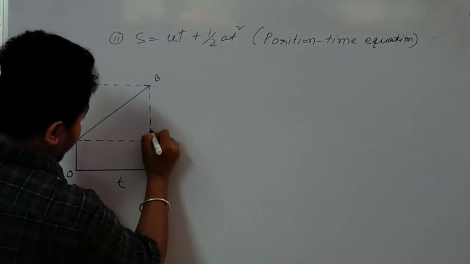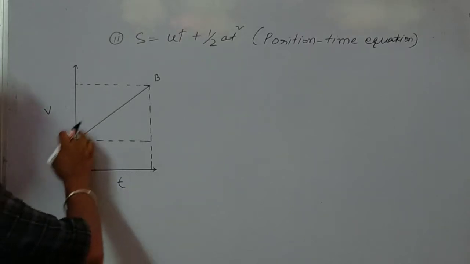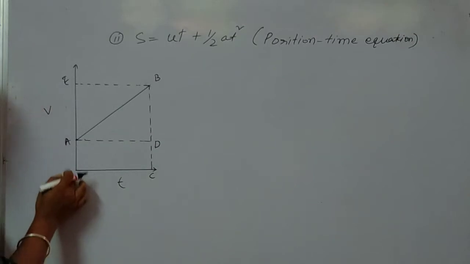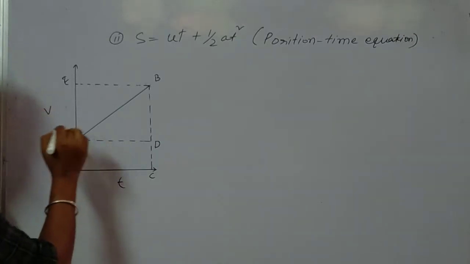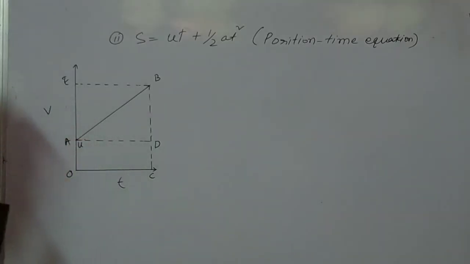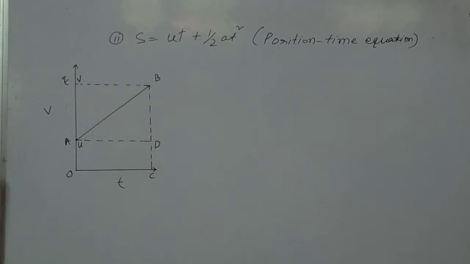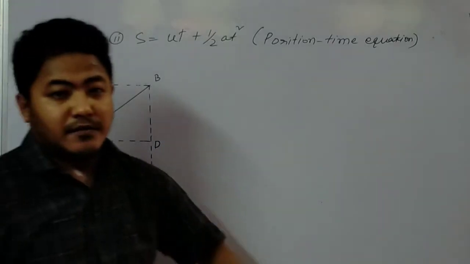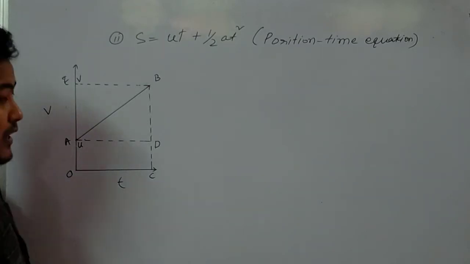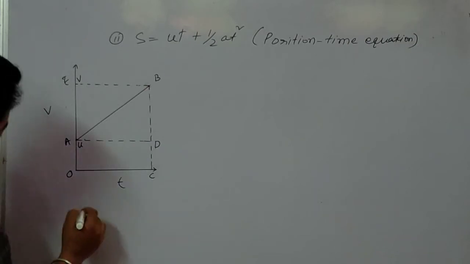Is that clear to all of you? Let us name the points: this is A, B, this is C, this is D, this point is E. This OA will be your initial velocity. This OE is going to be your final velocity, and the rest are as we discussed in the previous diagram.